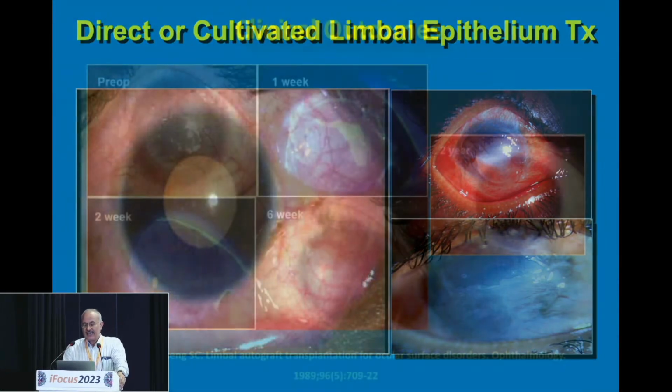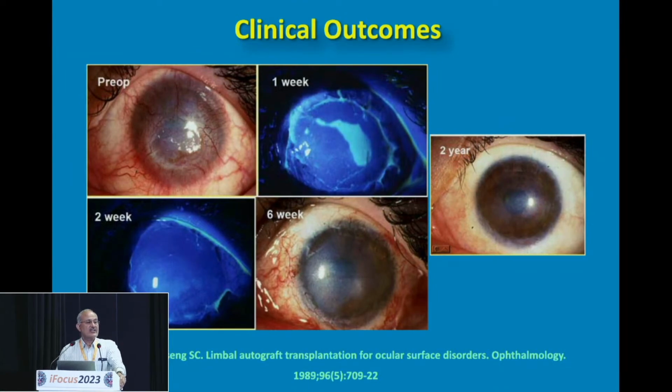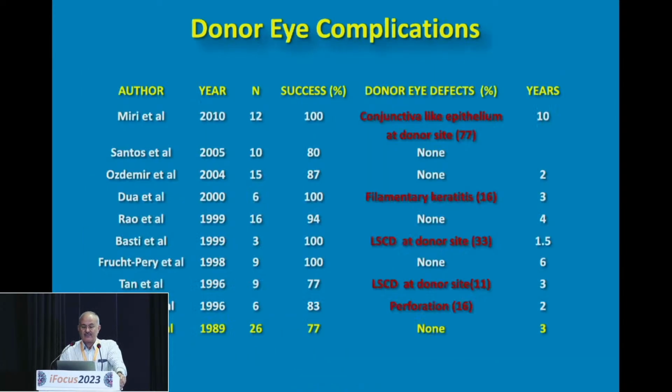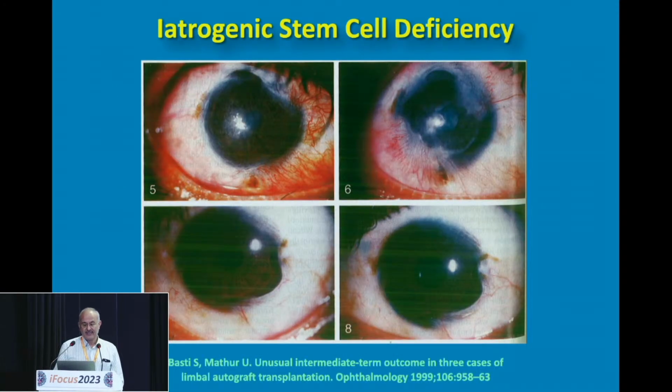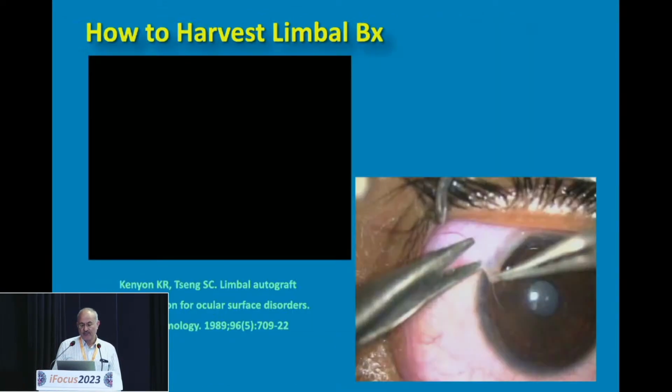This has been well reported in the literature in the early 90s and 2000s, that the patients where you take the biopsy, not everyone, but a small percentage, do develop iatrogenic stem cell deficiency. There are different papers on donor eye complications. If your biopsy is badly harvested, the normal eye of the donor gets damaged.